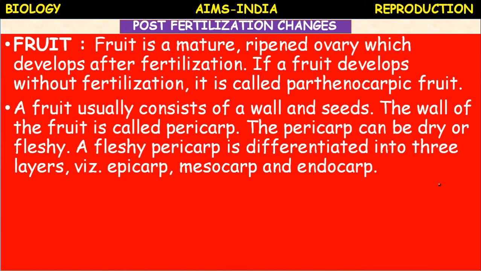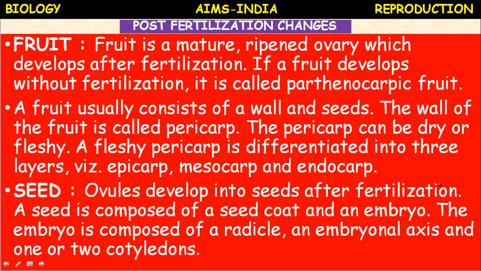The outer wall is called the pericarp, and the pericarp can be dry or fleshy. A fleshy pericarp is differentiated into 3 layers, that is epicarp, mesocarp, endocarp. Okay, fruit is covered by a layer called pericarp. That pericarp may be dry or fleshy. If it is fleshy, it is again divided into 3 parts. What are they? Epicarp, endocarp, and mesocarp.